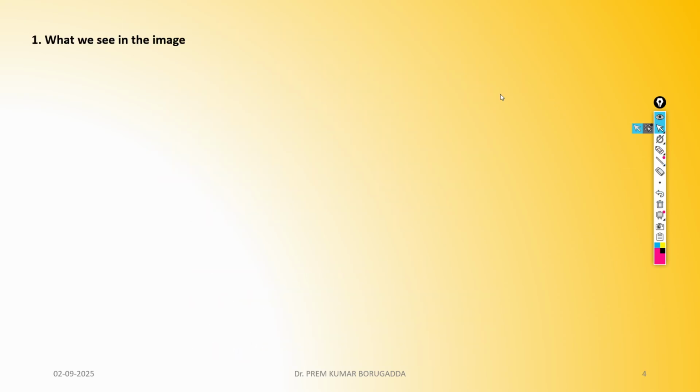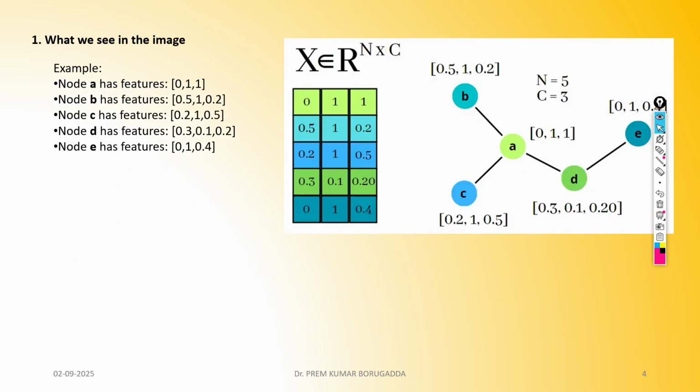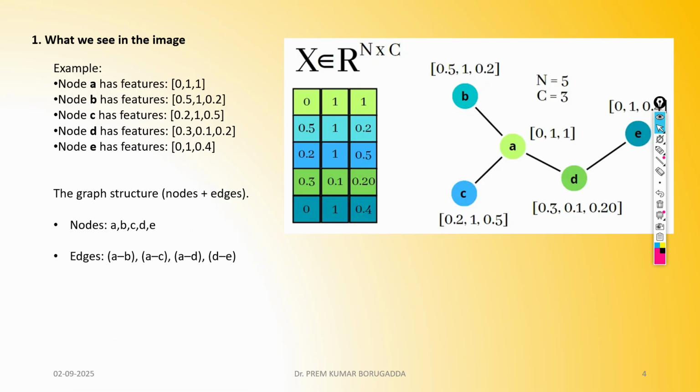Next, in this image you can see A has the features 0, 1, 1, and B has the features 0.5, 1, 0.2. C has 0.2, 1, 0.5. Similarly D and E. Now the graph structure.